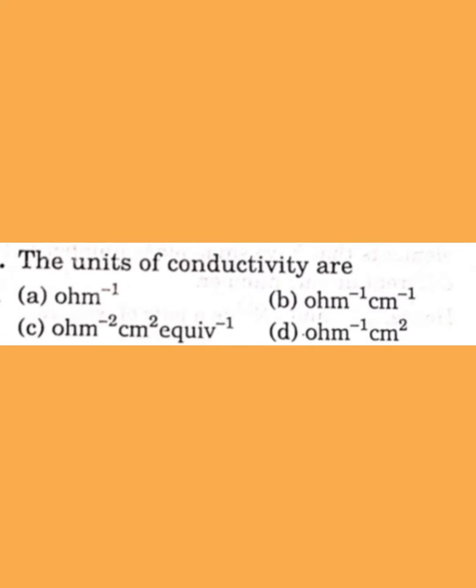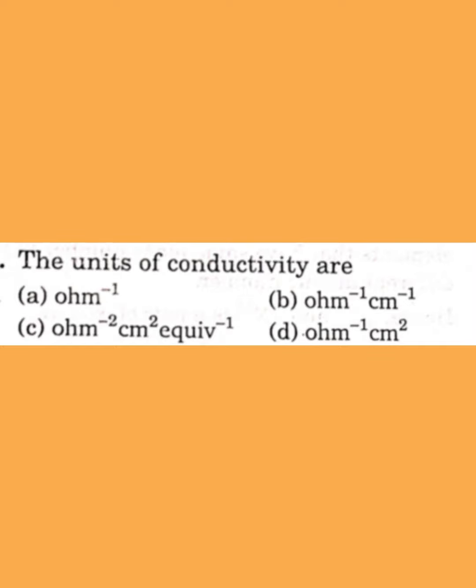Next question, the units of conductivity are options: ohm raised to minus 1. Option B, ohm raised to minus 1, centimeter raised to minus 1. Option C, ohm raised to minus 2, cm raised to 2, equivalent raised to minus 1.